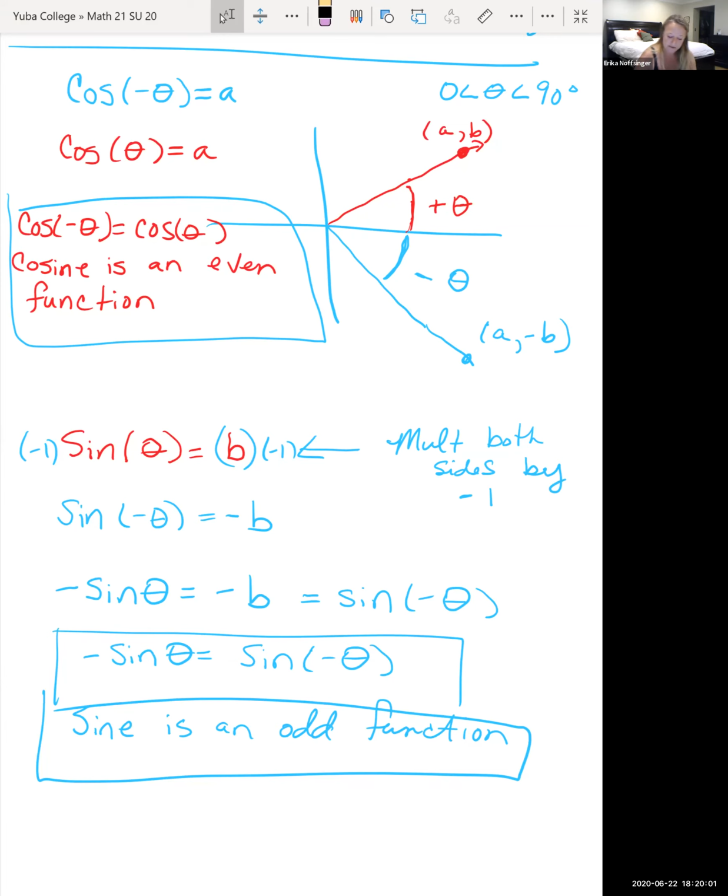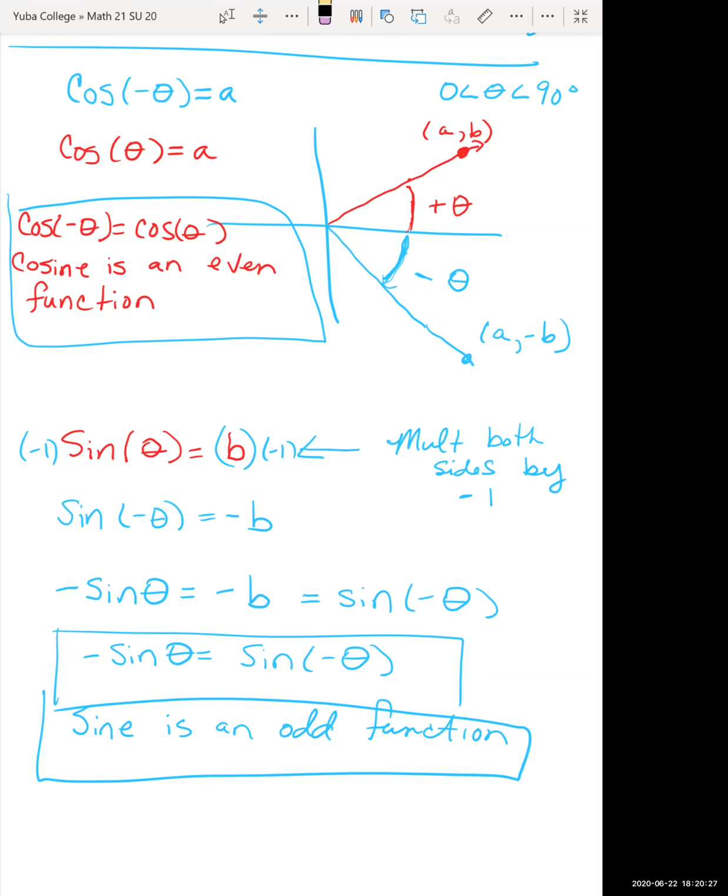And so if it told me to look at cosine of negative theta, well, remember negative theta just tells me that I'm going clockwise instead of counterclockwise. So I just started at our initial standard position, and I went negative theta degrees. And I just defined it that right now we were just going to have theta between 0 and 90 degrees.